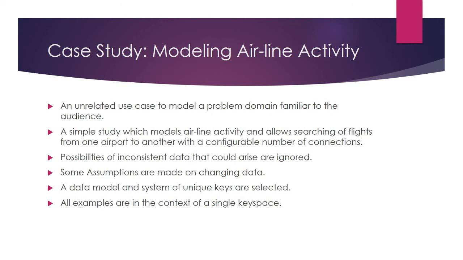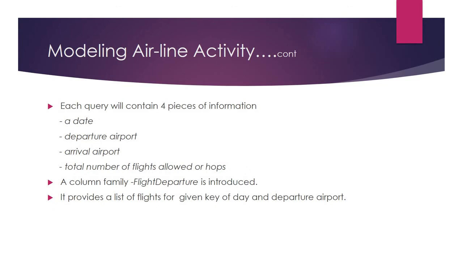Each query will contain basically four pieces of information: a date, a departure airport, an arrival airport, and the total number of flights allowed, or hops. This is because we're interested in following a linked list of flights from the departure airport.